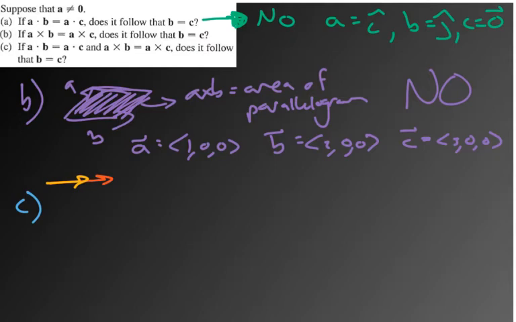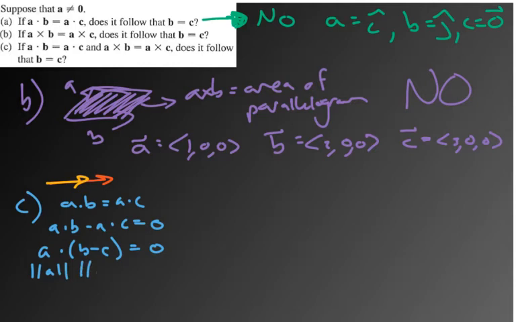If you take the dot product one, A dot B equals A dot C implies that A dot B minus A dot C equals 0, and so A dot (B minus C) should equal 0. Then you can use the cosine definition of the dot product. That is equivalent to the magnitude of A, times the magnitude of B minus C, times the cosine of the angle between them, equals 0.